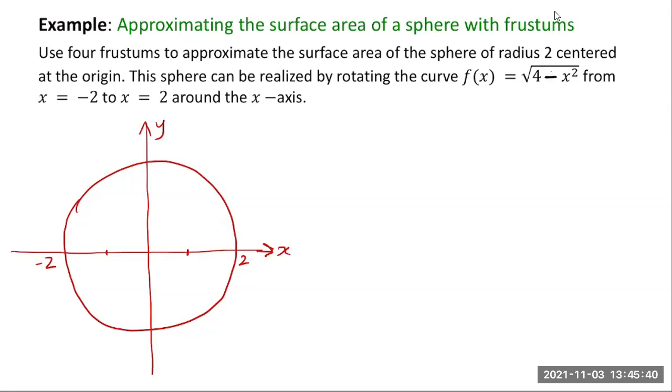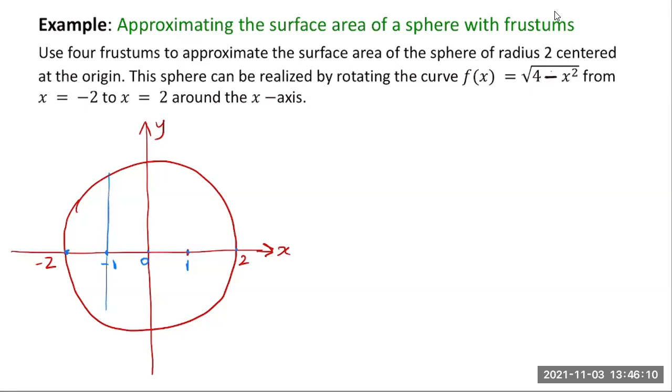We are asked to approximate the area of this sphere using 4 frustums. If you are asked to use 4 frustums, what you do is you divide your interval -2 to 2 into 4 subintervals. Okay, this is the first subinterval. This would be -1, and then -1 to 0, the second subinterval, and then 0 to 1, third subinterval, and then 1 to 2, fourth subinterval. Now, in each subinterval, I'm going to construct a frustum. In this subinterval, here is the way I'm going to construct the frustum.